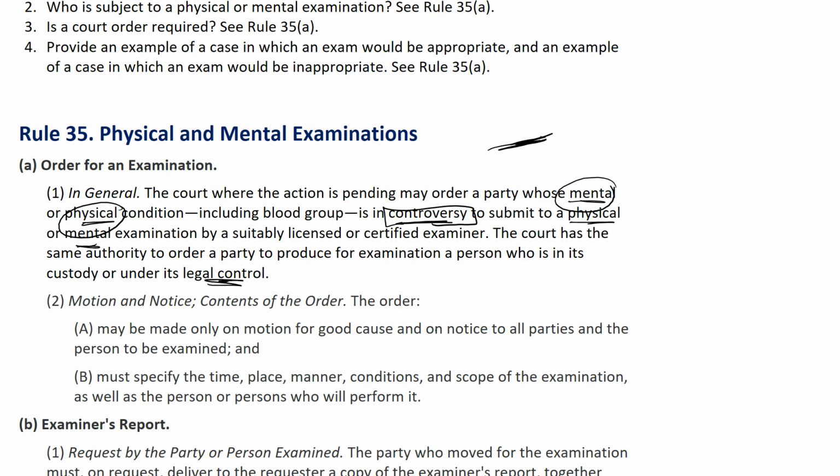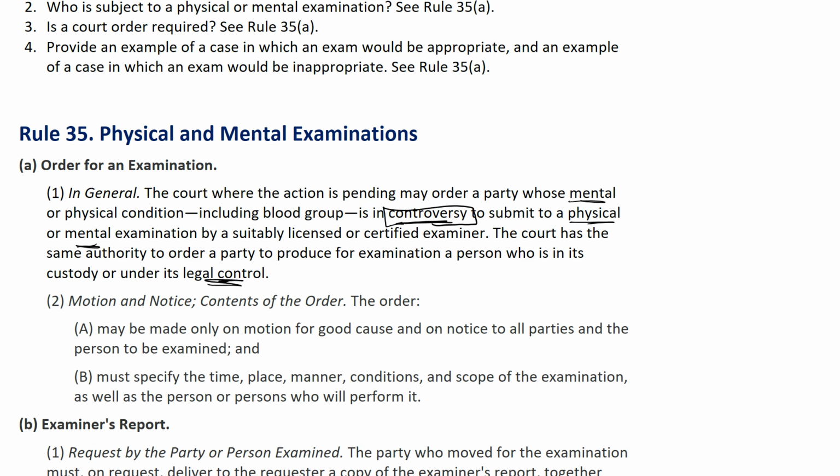All right. Second, it's mental or physical condition being in controversy. And third, you can't just notice a physical or mental examination. Normally, you send a notice of a deposition to the other side and the court's not involved. Or you send interrogatories to another party and the court isn't involved, right?